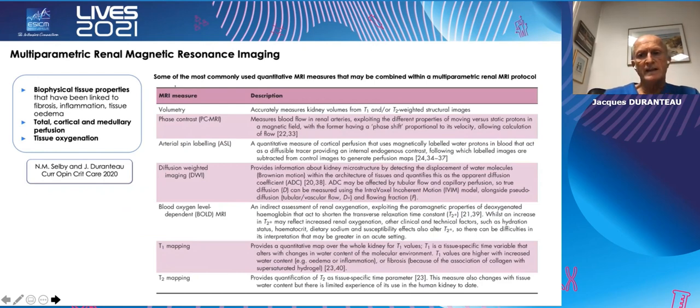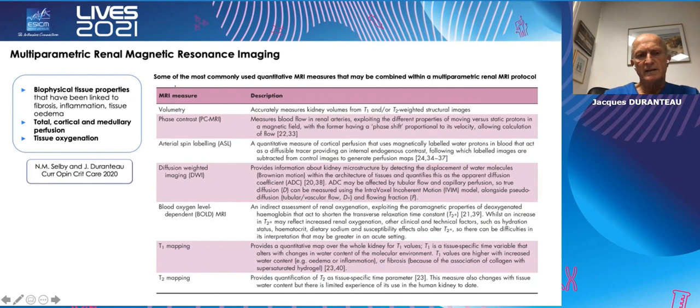A second technique is multi-parametric renal magnetic resonance imaging. On this slide, you have some of the most commonly used quantitative measures that may be combined within a multi-parametric renal MRI protocol.